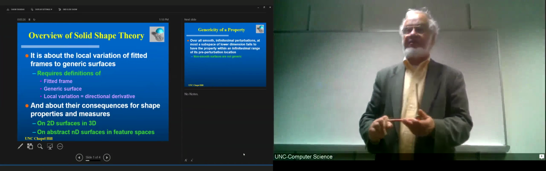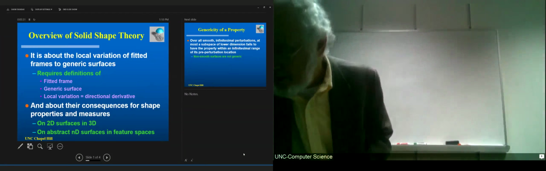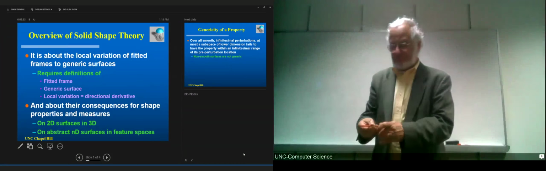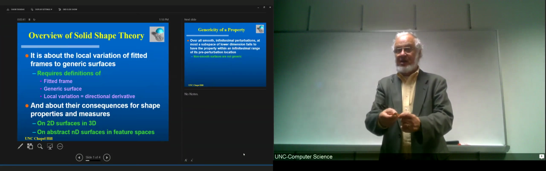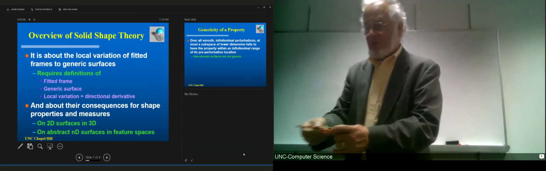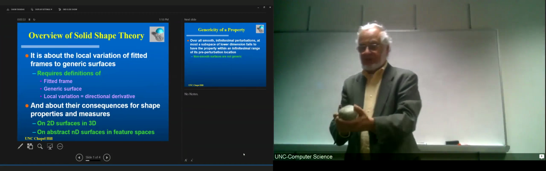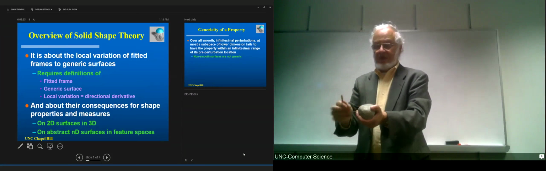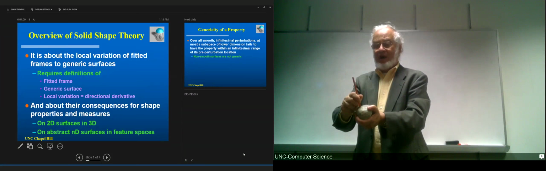It's directional derivative. So we're going to be talking about, for example, the tangent vector, a unit vector tangent to a point, and how it swings in the only direction you can walk, that is to say, along the curve in this case. Or in the case of 2D surfaces in 3 space, we're going to have a normal, and we're going to be able to talk about a walking direction.